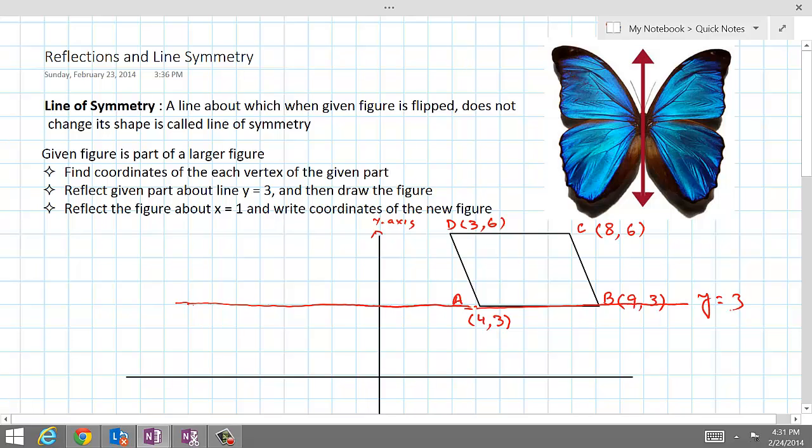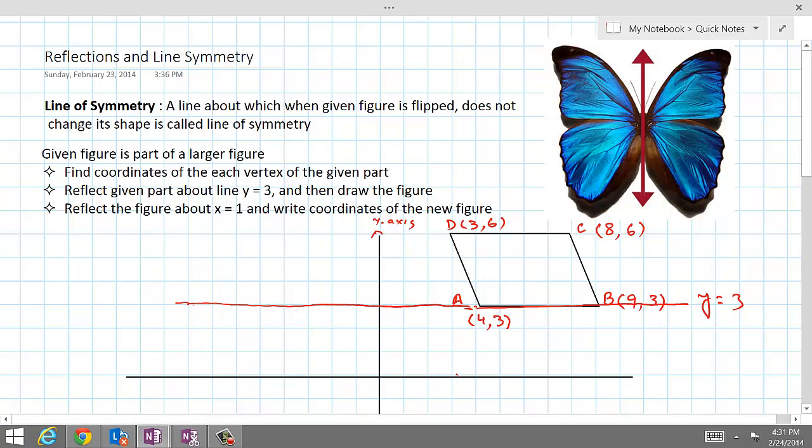This is the line. If we want to flip this shape, or place a mirror exactly where the line y equals 3 is, then what would be the shape? The point A would be invariant. This wouldn't change at all. And B would be an invariant point because it is exactly on the line of symmetry. Now, D is 3 units above this line, so it will go 3 units below the line: 1, 2, 3.